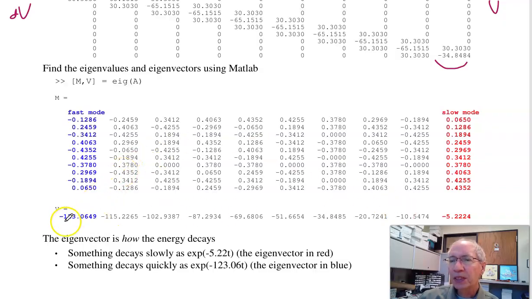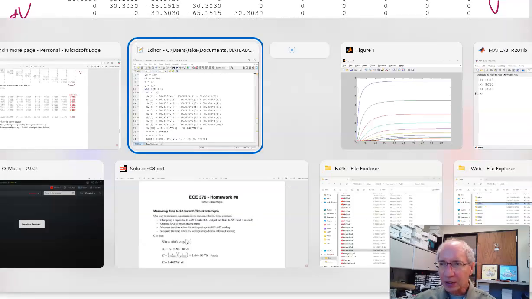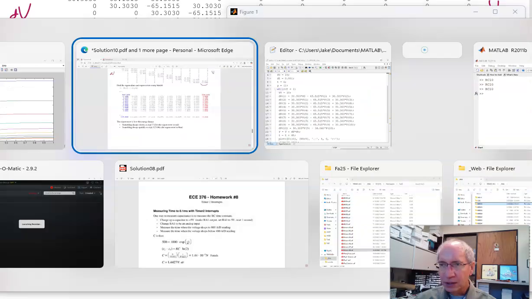So something decays really, really fast, decays at e to the minus 123t. What that is, is the eigenvector. Something decays really slow, e to the minus 5t. What that is, is the eigenvector. So let's go back to Matlab.